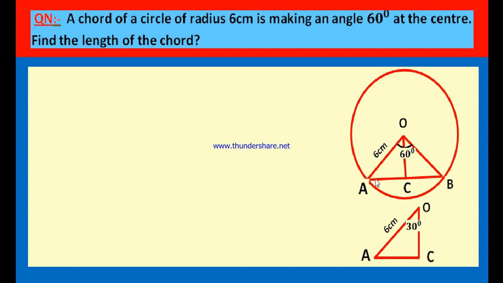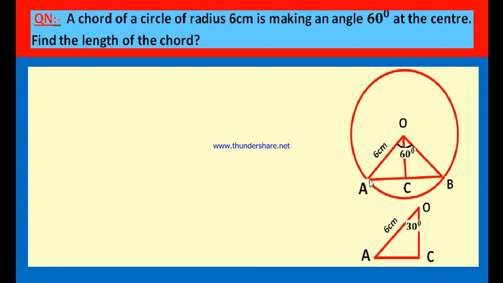In order to solve this, we have drawn a perpendicular from the center of the circle onto the chord. We know that the perpendicular drawn from the center of a circle to a chord should bisect the chord, that is AC is equal to CB.